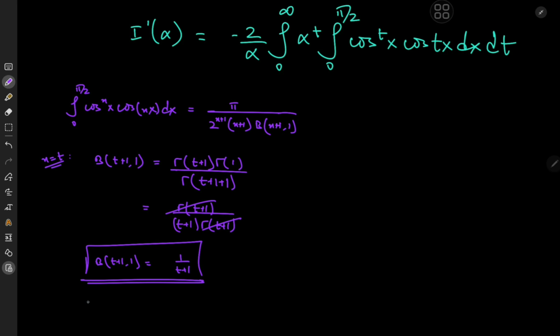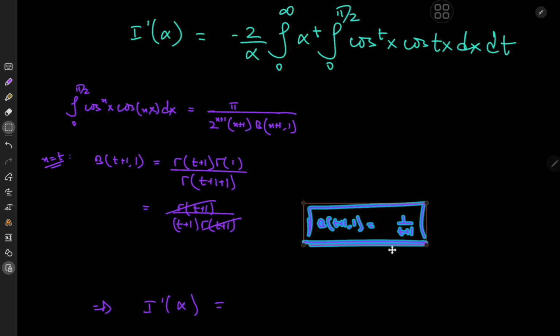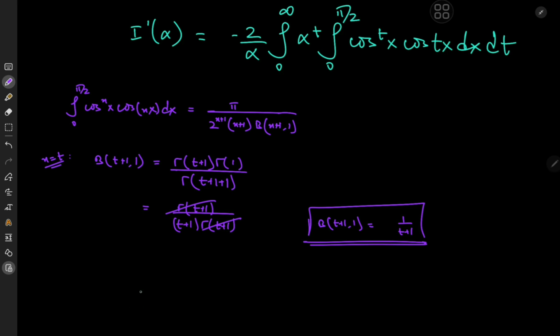So all of this implies that the derivative of I with respect to alpha does indeed equal, just one moment, much better.